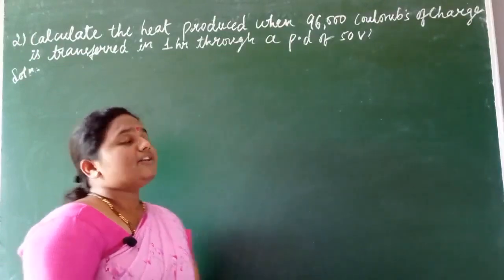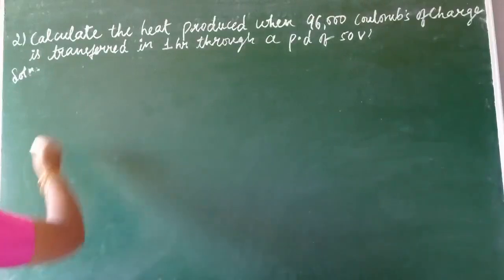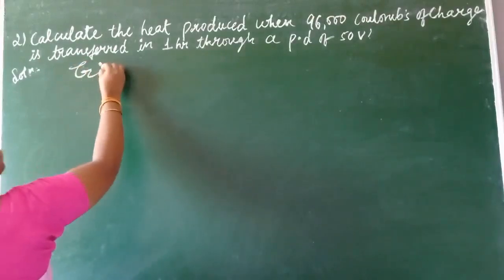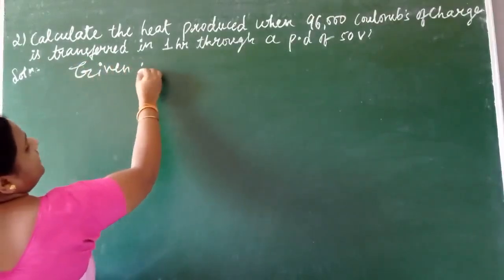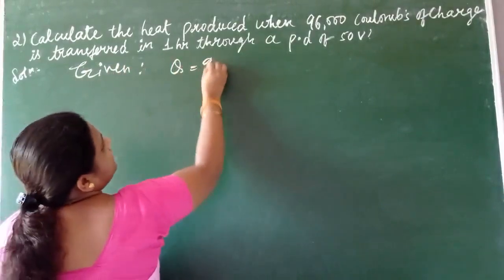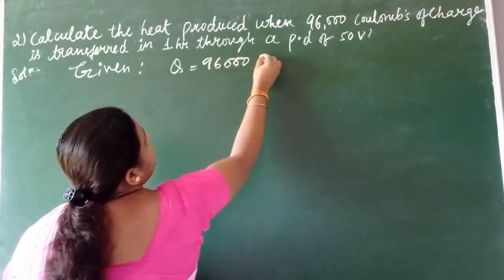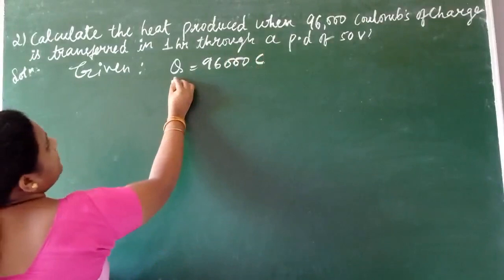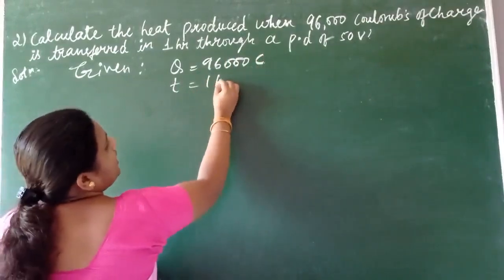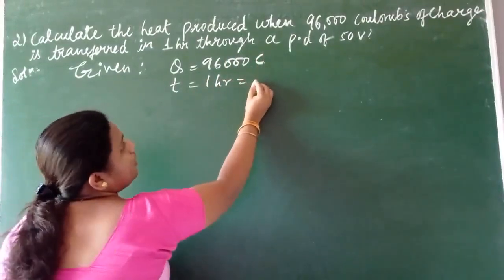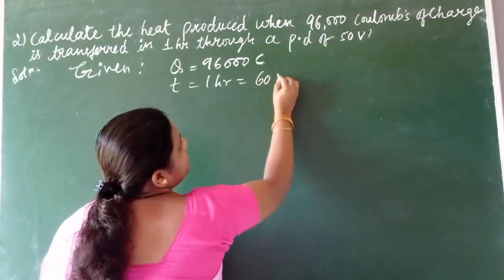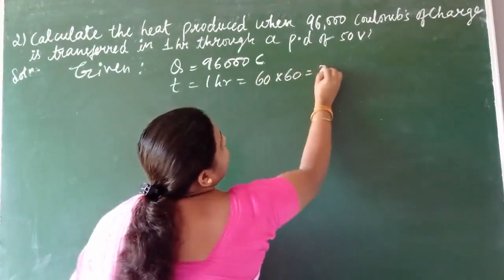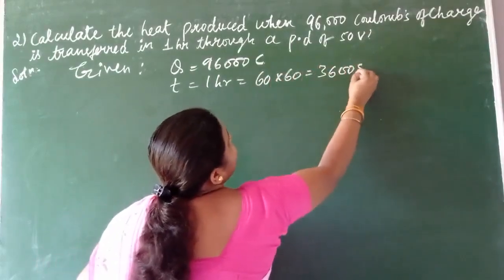Okay, children, so let us solve this. The given data: charge Q is equals to 96,000 coulombs. Time is equals to 1 hour, which is 60 minutes into 60 seconds, that is 3600 seconds.